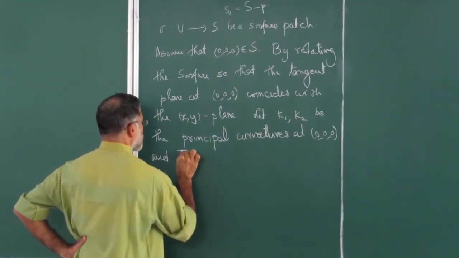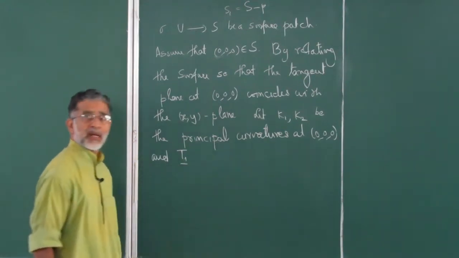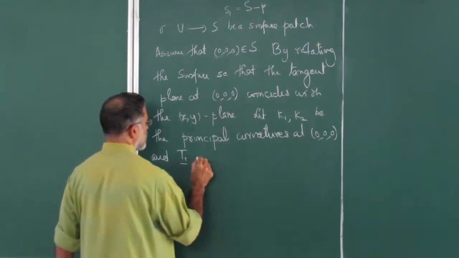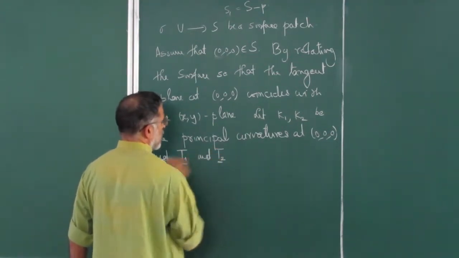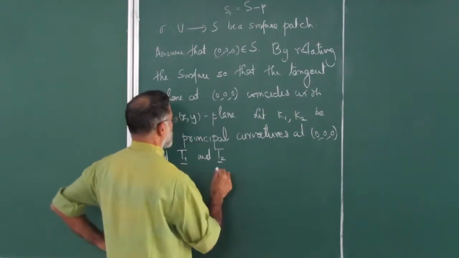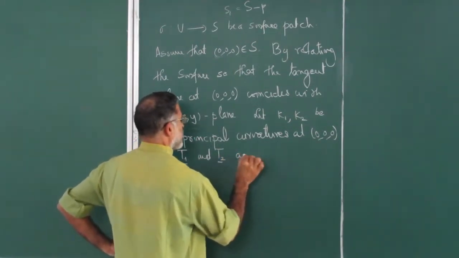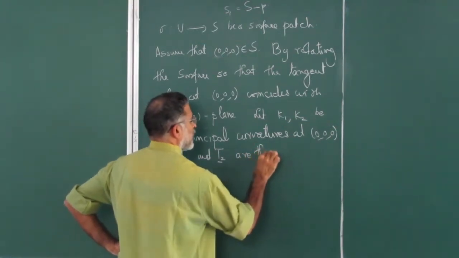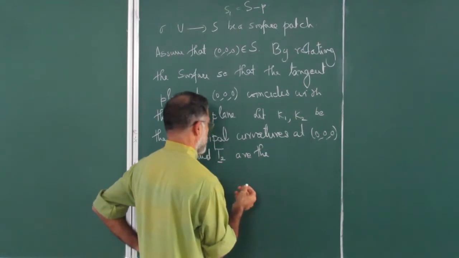This is where I have to be a little more careful, as I don't want too many notations. So the vectors I am going to write like this, T1 and T2, with an underline for the vector, because sometimes you need this. T1, T2 are the principal directions or the principal vectors.